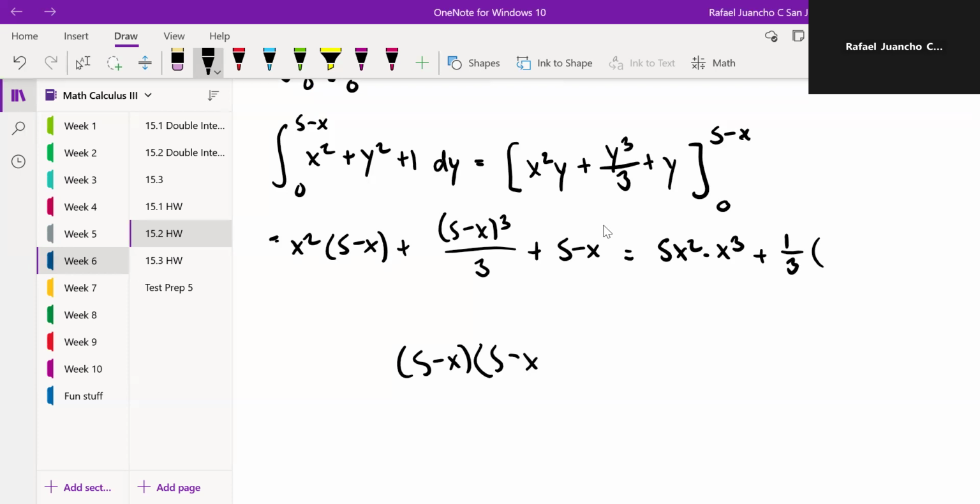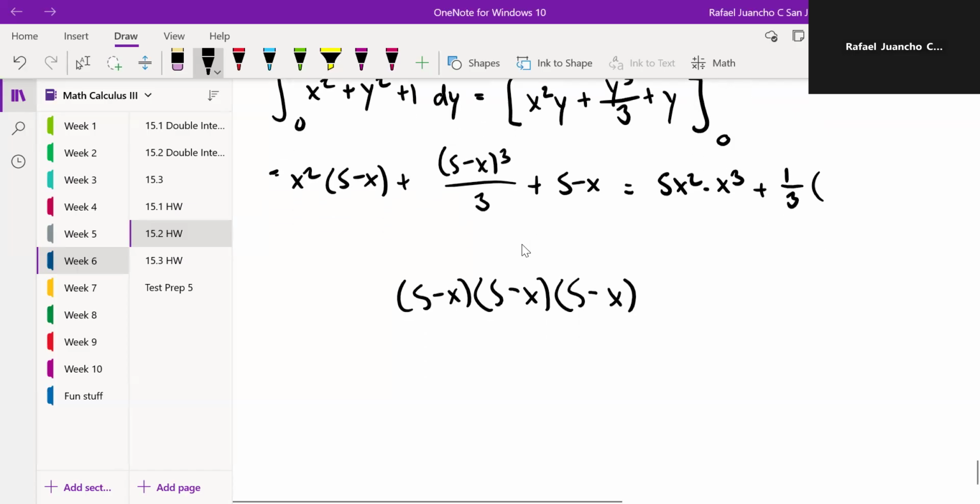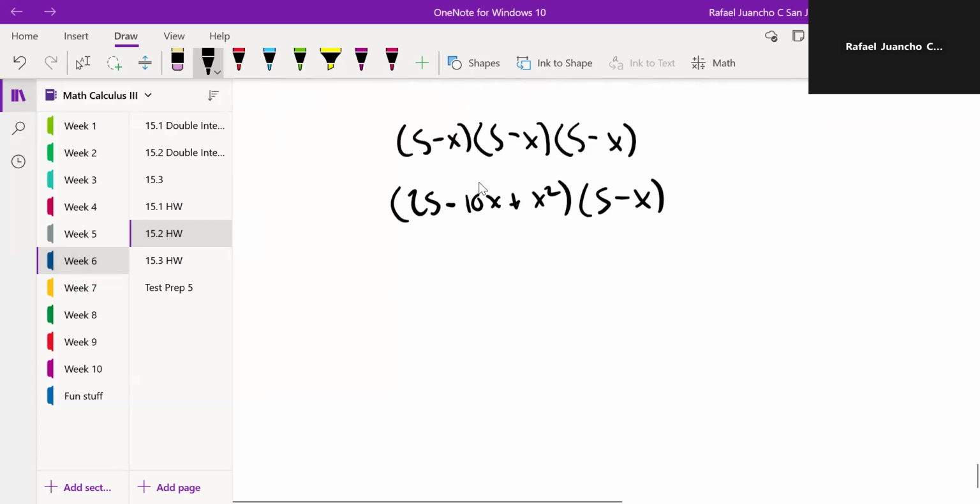So it's basically 5 minus x three times. So if I try doing it the first time, 25 minus 5x minus 5x plus x squared. Then I multiply that by 5 minus x. So here I get, or multiply everything by 5.